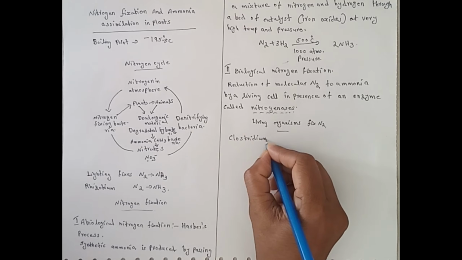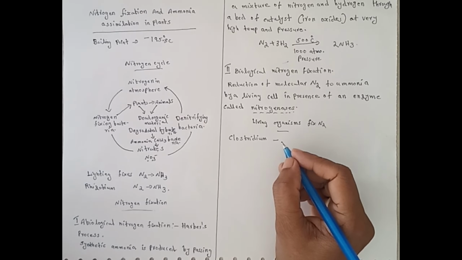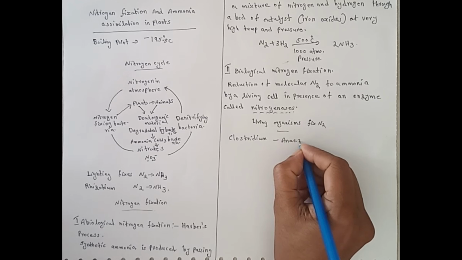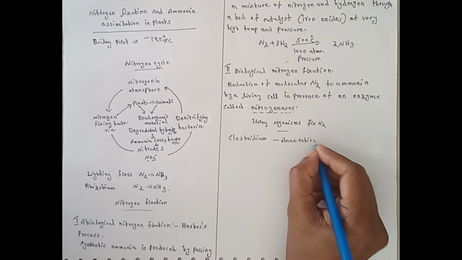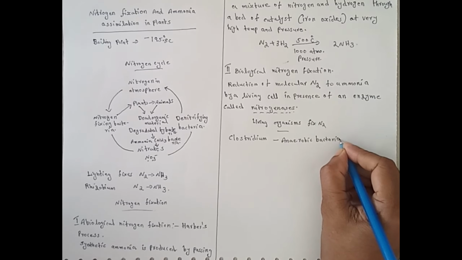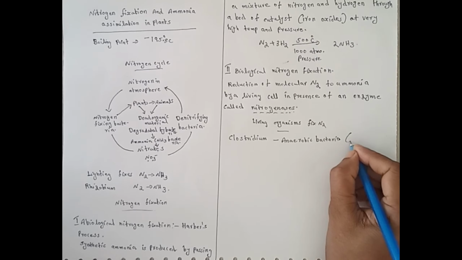Clostridium is an anaerobic bacteria. It is also a non-photosynthetic form.